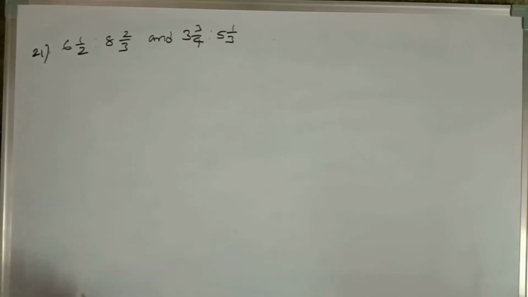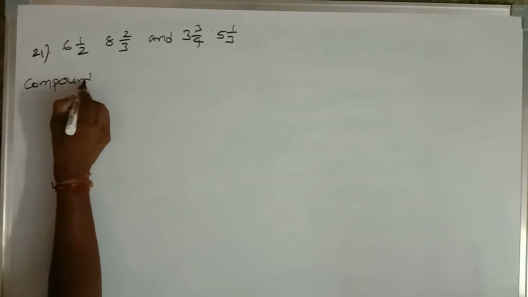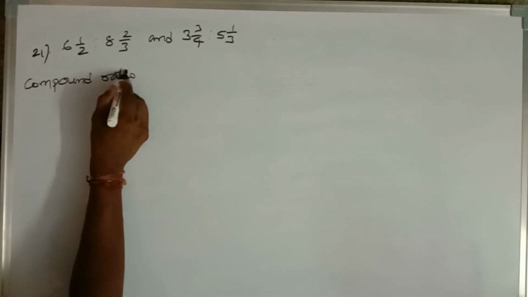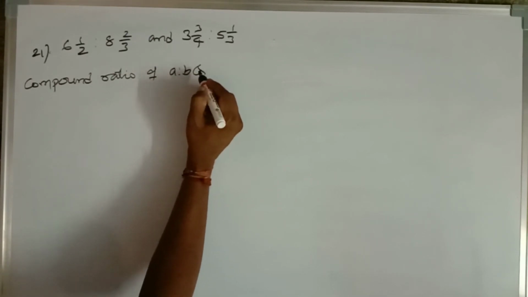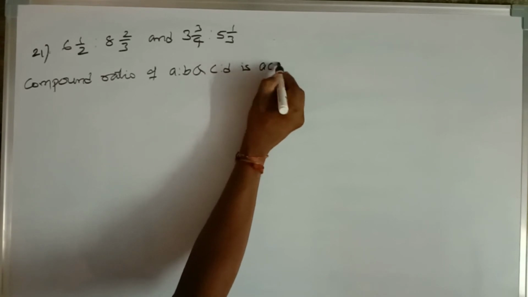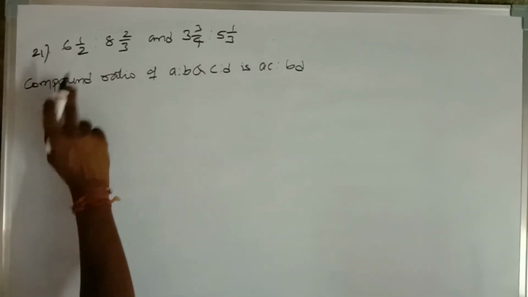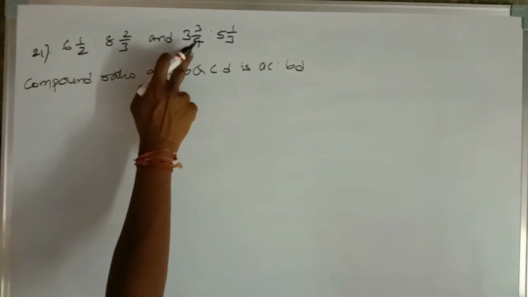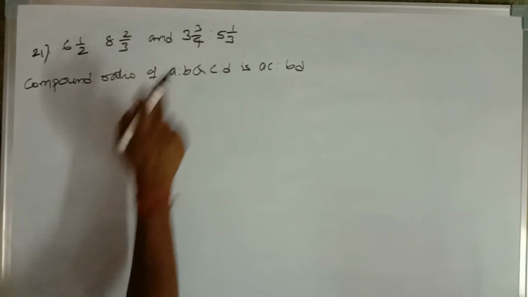So the compound ratio of A is to B and C is to D is AC is to BD. That means now here A is to B and C is to D. That means I have to multiply AC and BD.